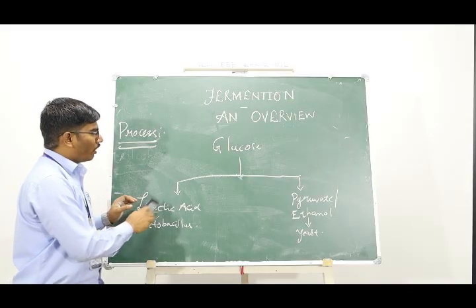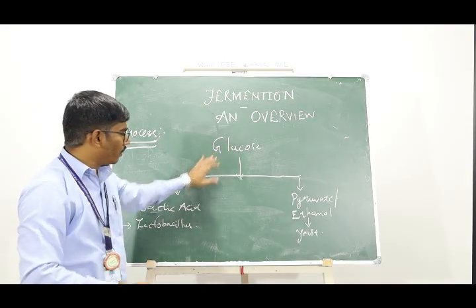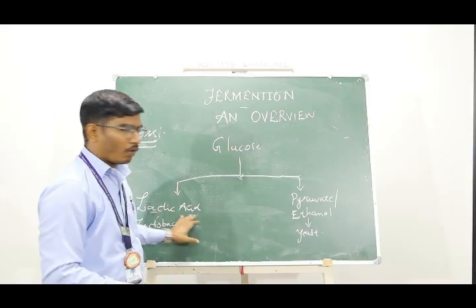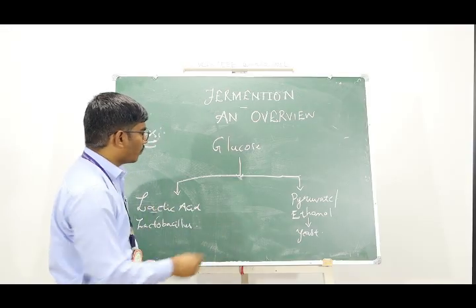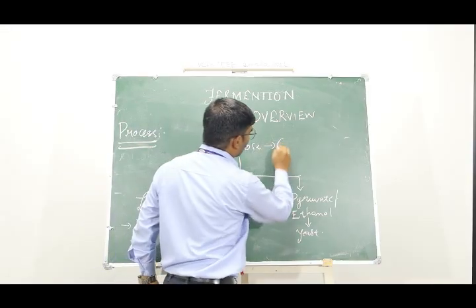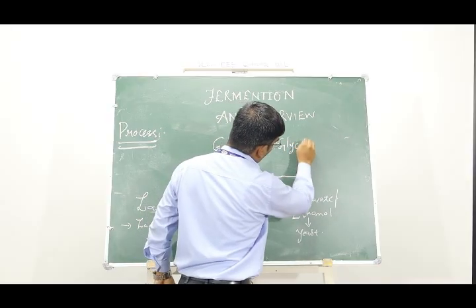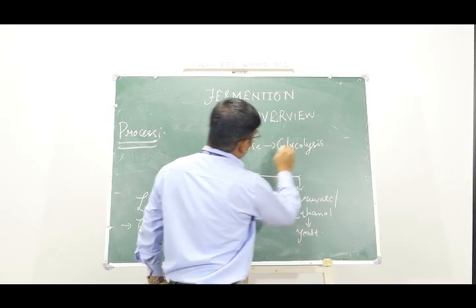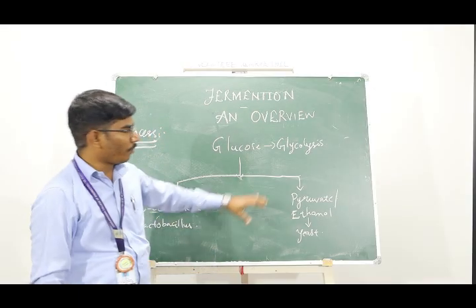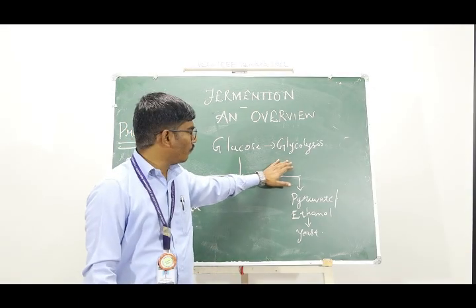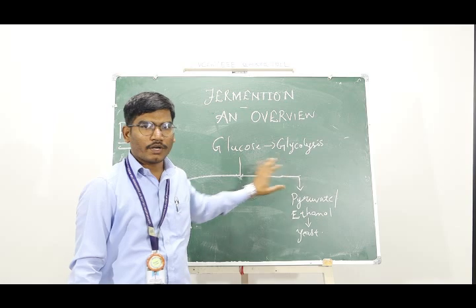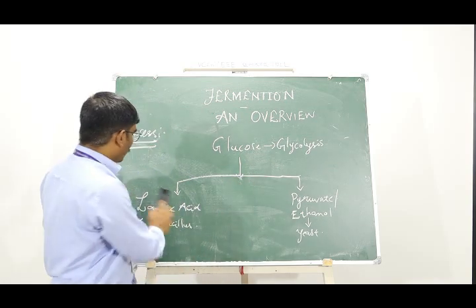Okay, so in that way the glucose is converted into different products under the metabolic pathway, that is glycolysis. So normally it is a metabolic process in which the substrate is converted into a product. Okay.